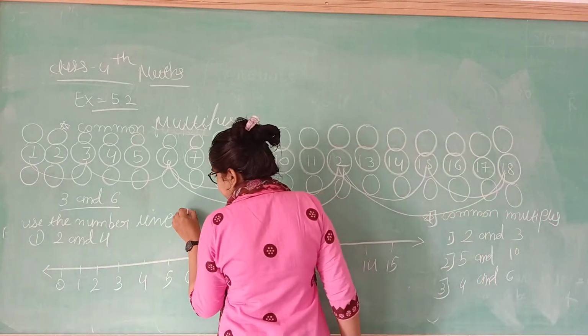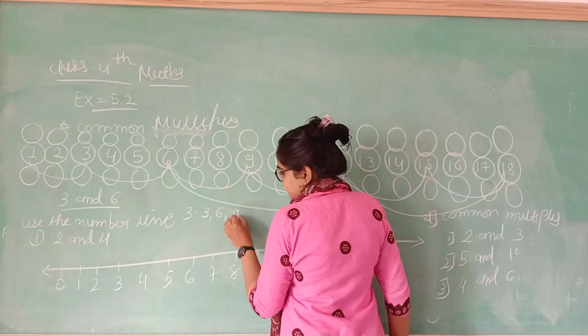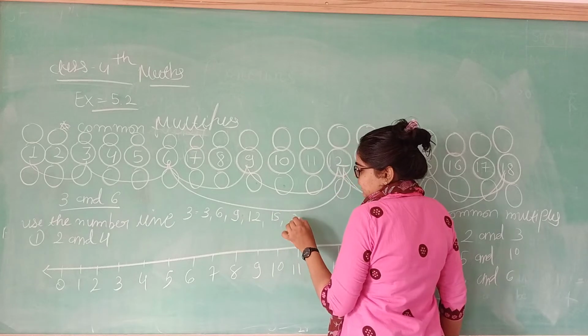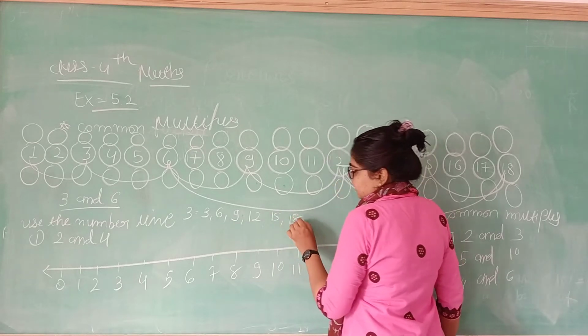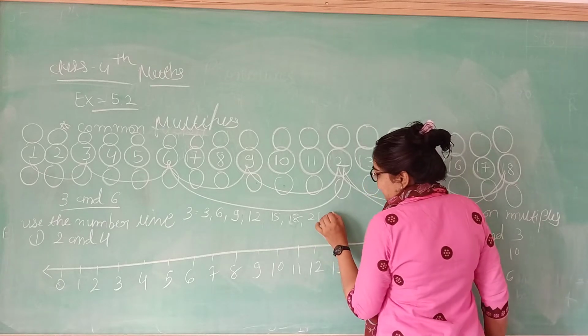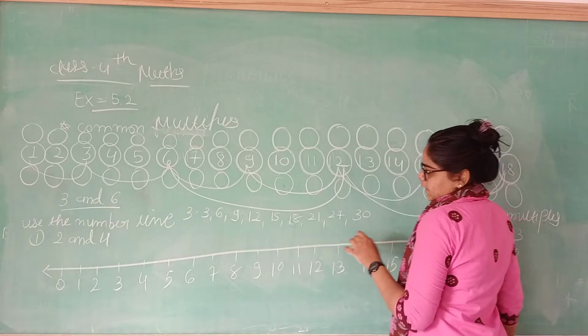So suppose like that with 3: 3 ones are 3, 3 twos are 6, 3 threes are 9, 3 fours are 12, 3 fives are 15, 3 sixes are 18, 3 sevens are 21, 3 nines are 27, and 3 tens are 30.